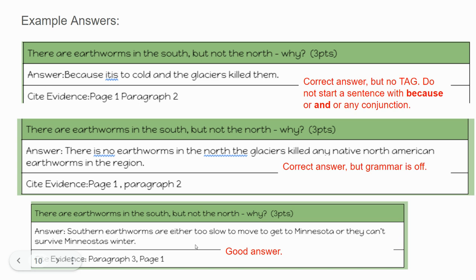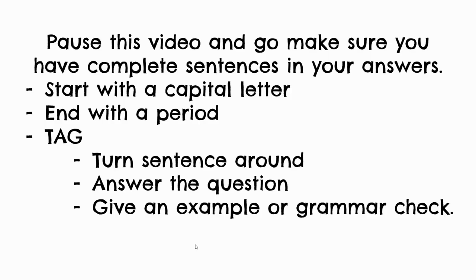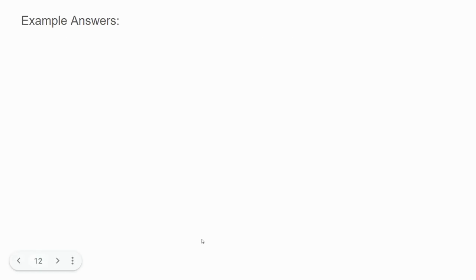So they tagged, and there's pretty good grammar throughout. So good answer on this. So pause this video and go make sure you have complete sentences in your answers, whether you're starting with a capital, ending with a period, and you're tagging. You're turning the sentence around, you're answering the question, and you're giving an example or grammar check.